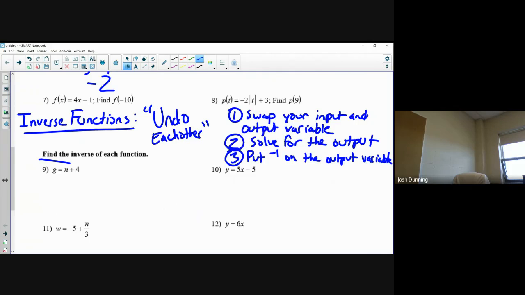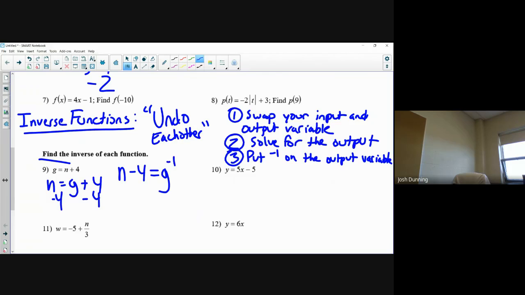Okay. So number 9. Swap. Literally just swap. Like I said, this really isn't that bad when we first start out. Now solve for the variable, the output variable. I got to get g alone, minus 4. We're basically done.